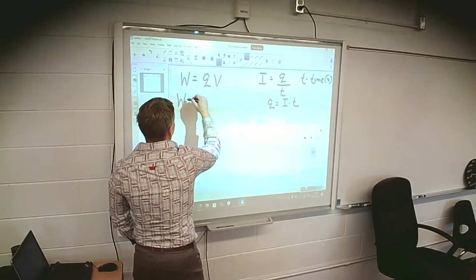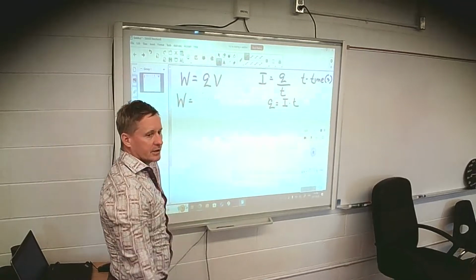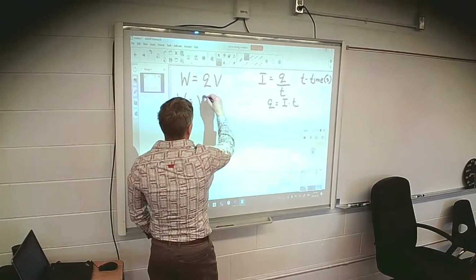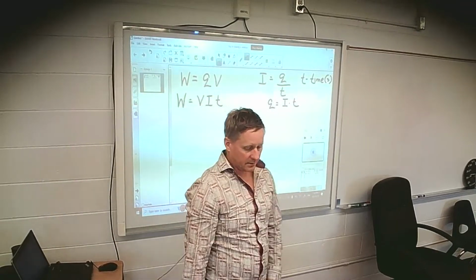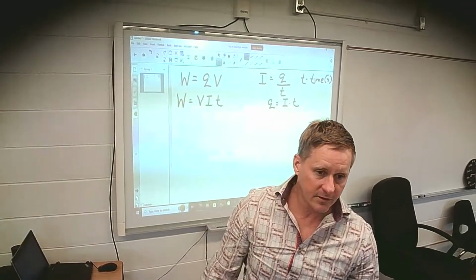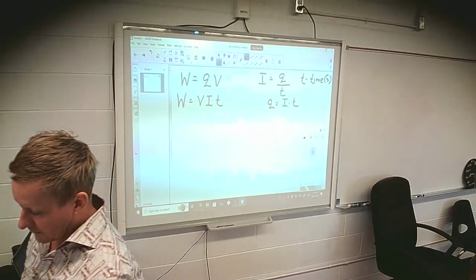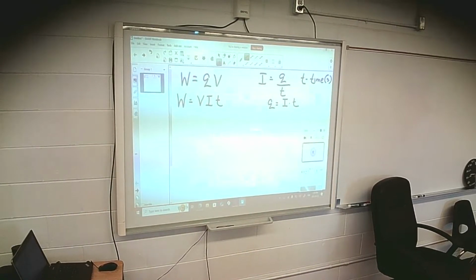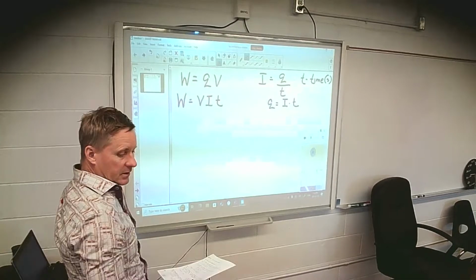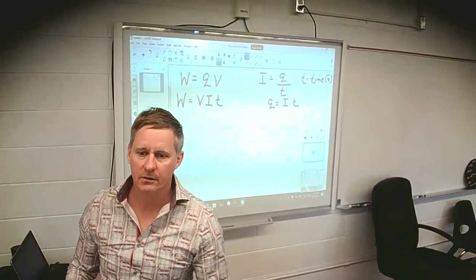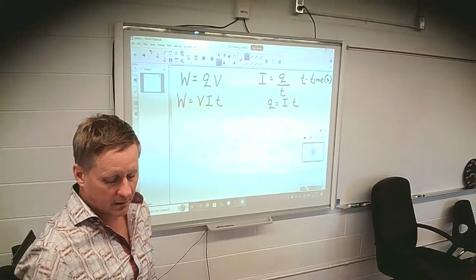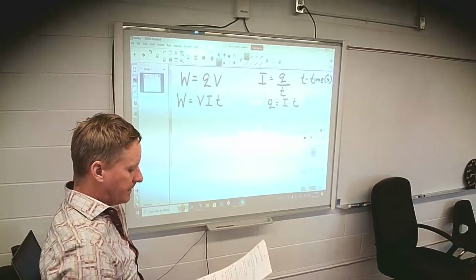By substituting in for Q here, I can calculate work by taking the potential difference times the current times the amount of time. Now I generally use a little t for time because we're actually going to work with temperature as well, so I use big T for temperature, although they use big T in there.